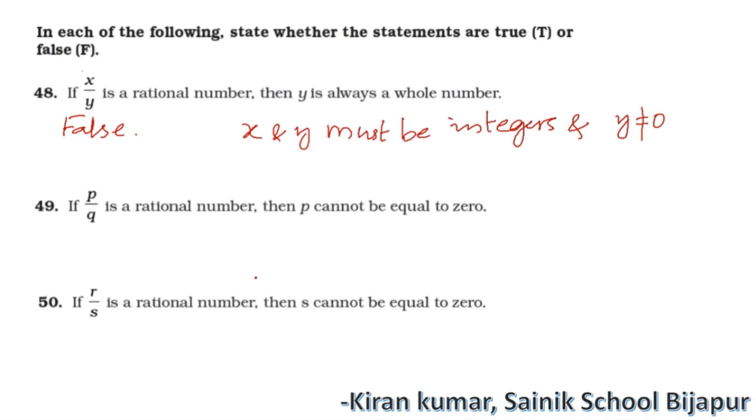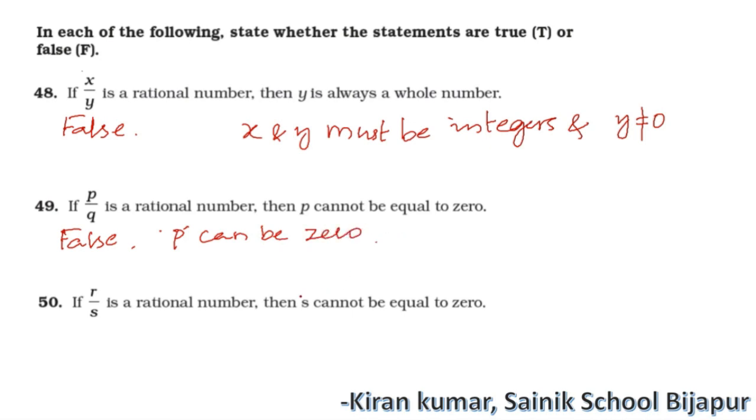Question 49. If p by q is a rational number, then p cannot be equal to 0. This statement is again false, because p can be 0.